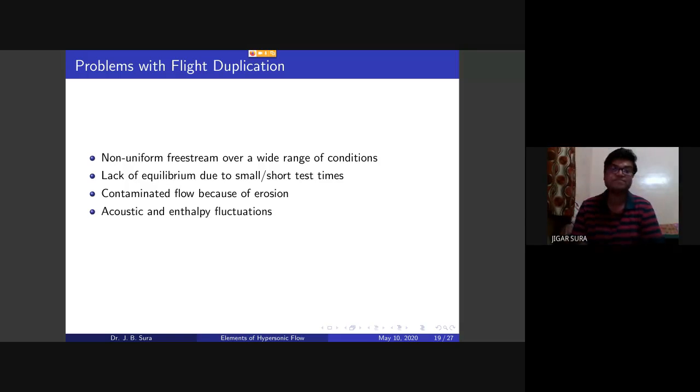And acoustics and enthalpy fluctuations. You generate the flow, and anything that moves has noise. Remember this. The bicycle moves, the fan moves, the compressor moves, you move, anything that moves has an acoustic signature. So this causes a change in the property of the flow field.